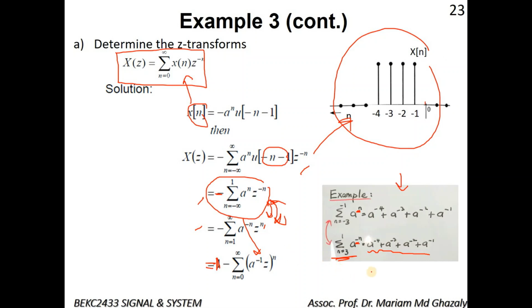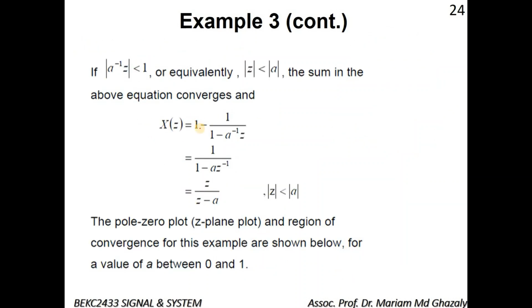So you will get this equation. You can rearrange it and it will become this equation, and you have z over z minus a. For this case, after you rearrange it and take this value, you will get that |z| is less than a.